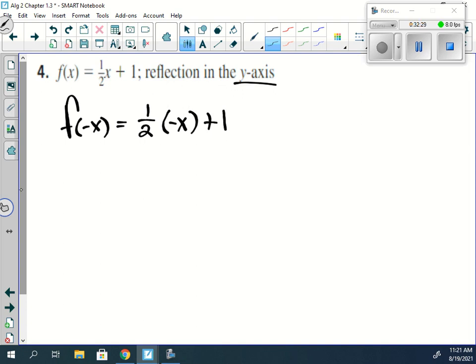So instead of having 1/2 x plus 1, we have 1/2 times negative x plus 1. And last but not least, to simplify this here, we're going to do 1/2 times negative x, which would be negative 1/2 x plus 1.